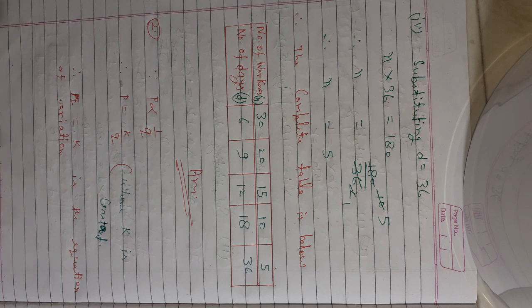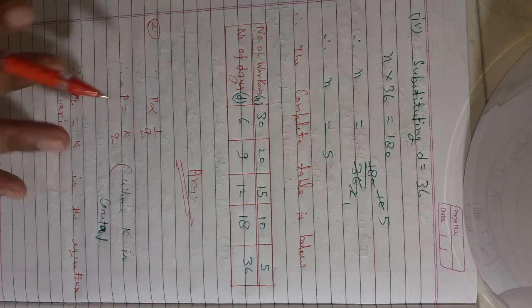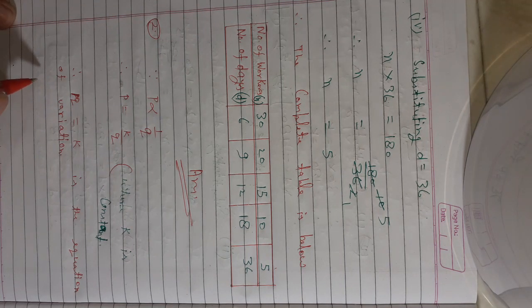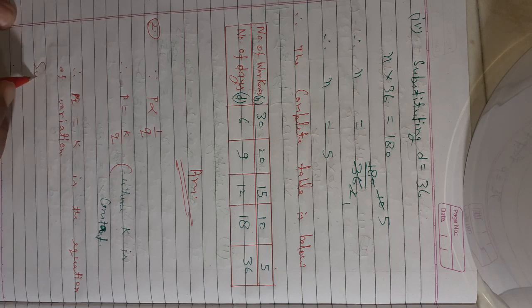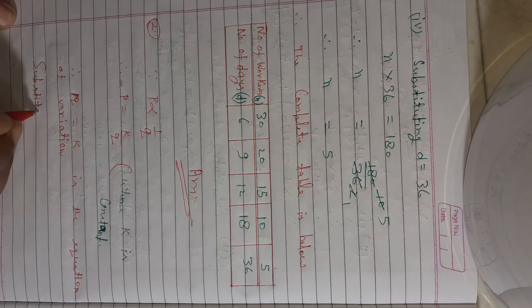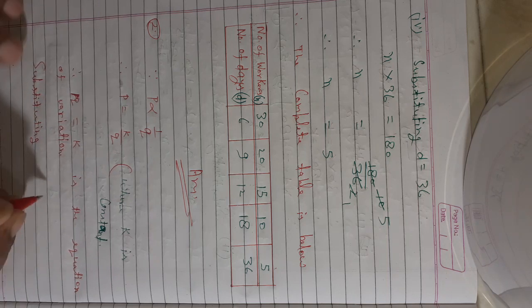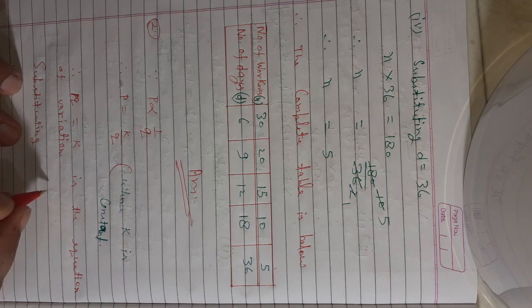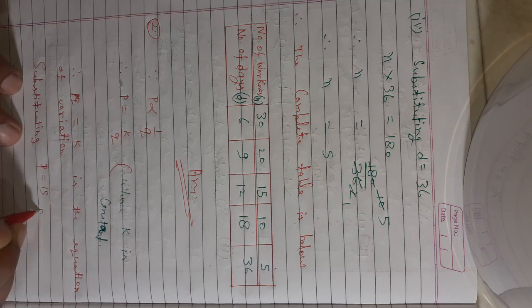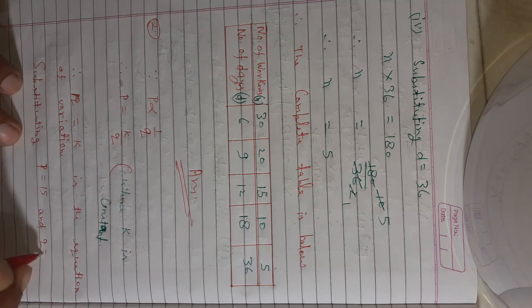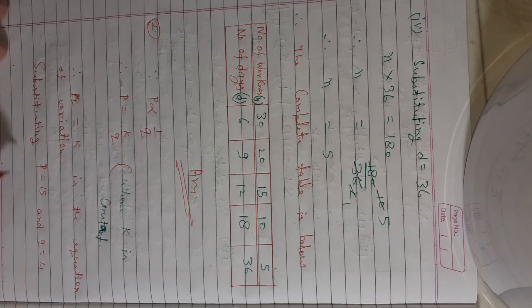Now you have to substitute whatever values of p and q are given, because you have to get the value of k. So substituting p is equal to 15 and q is equal to 4.